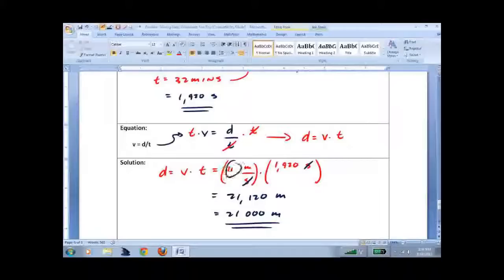We only have two significant figures here, so I rounded it to two significant figures there. Don't get hung up on that. If this was your answer, that's okay too.